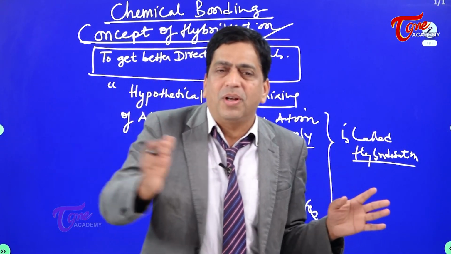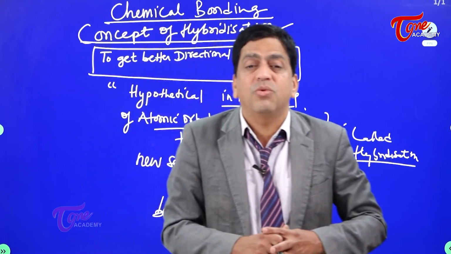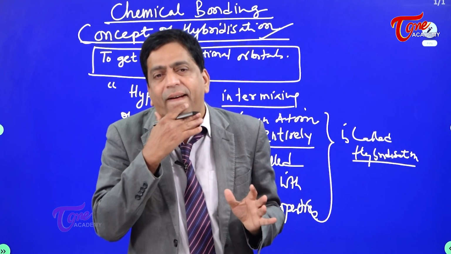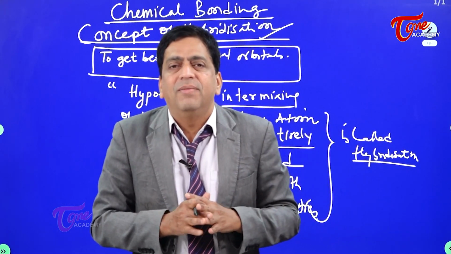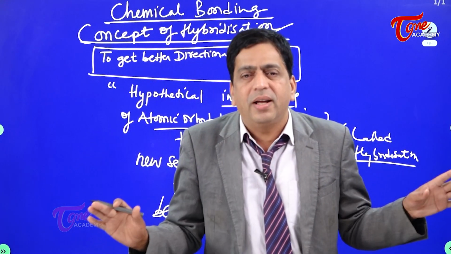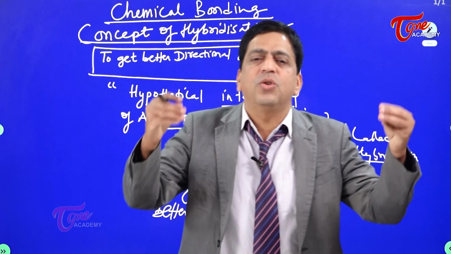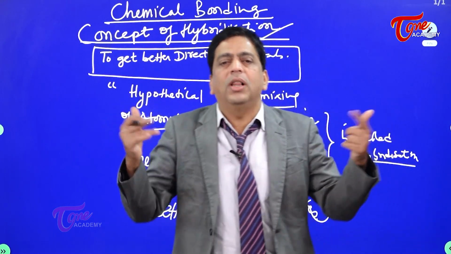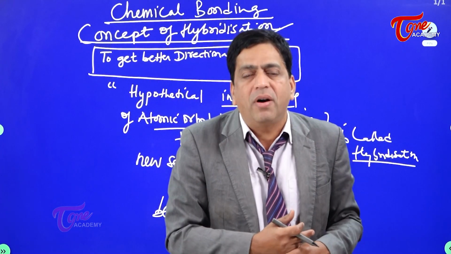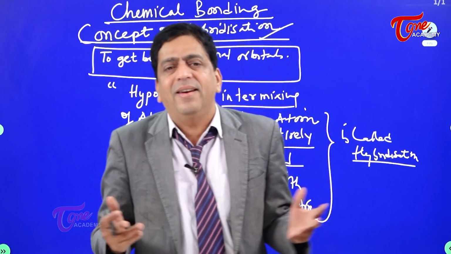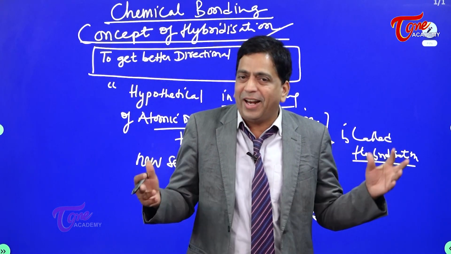Instead of calling the orbital first, asking it to overlap and then finding the problem of which direction to come from, before participating in bonding itself, the orbitals which want to participate better be ready, sit in a direction, in the sense that your bond angle is fixed. Everything is fixed, then call the partner and go for bonding. Then you don't face that last-minute issue of which direction to come from.